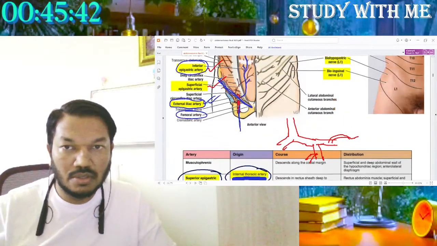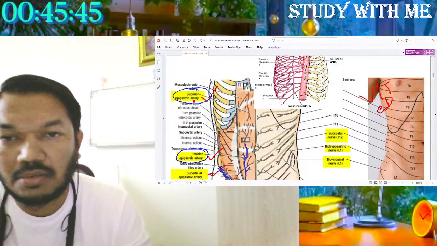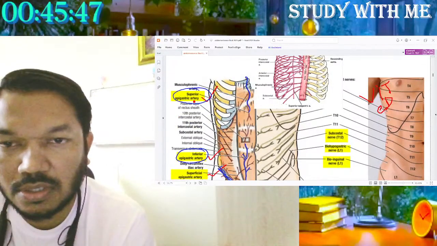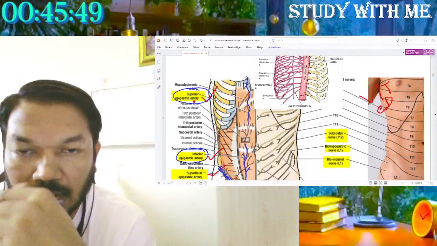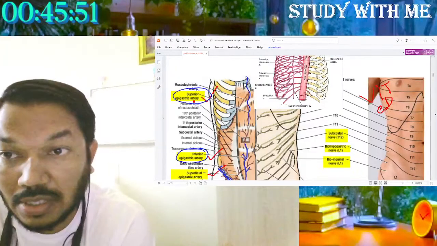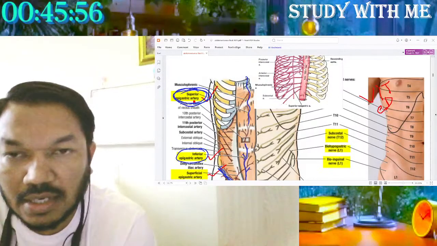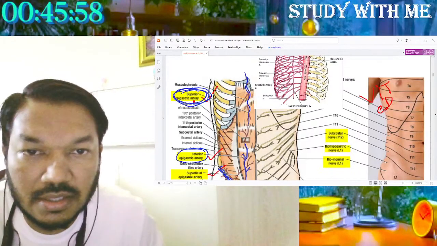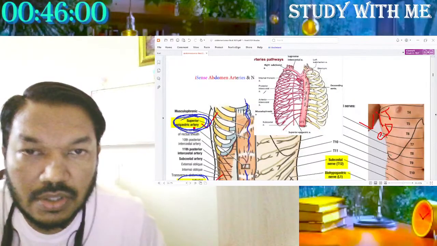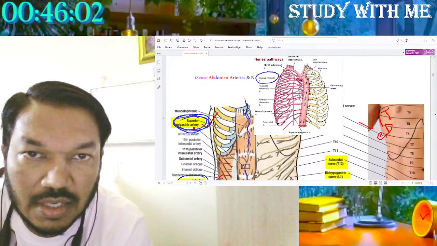So this is superior from the anatomical location you can see. This is superior thoracic artery. Superior epigastric artery, and it is coming from inside the thorax. So see, this is the internal thoracic artery.